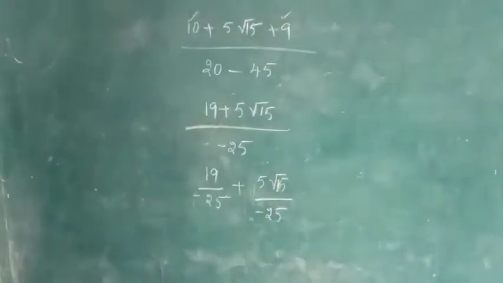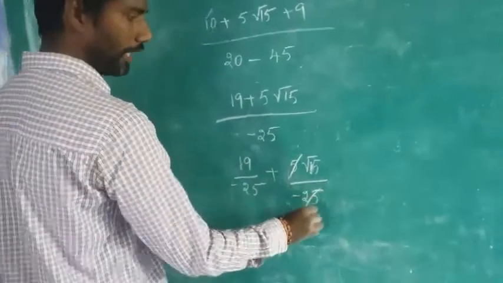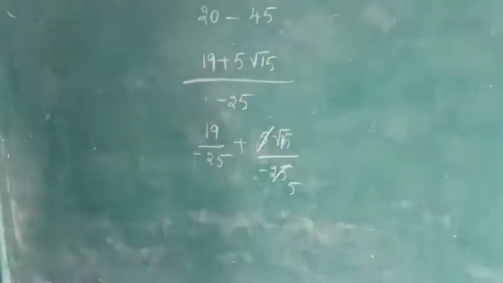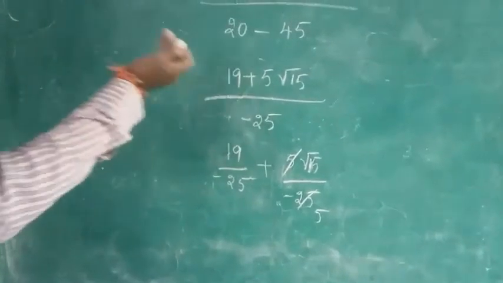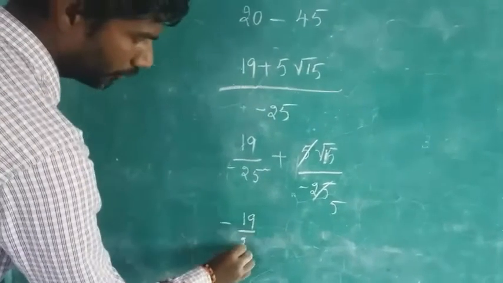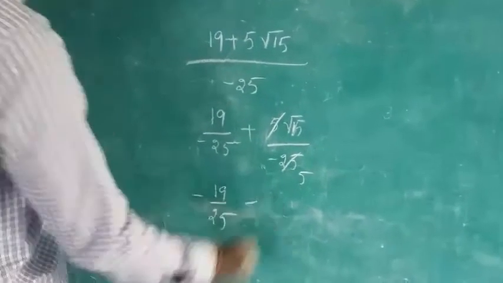See, if you have the chance of cancellation, you can do the cancellation also. 5 1s are 5, 5 5s are 25. I already told you, you learned it in your previous classes: if the denominator is negative, the whole number also is negative. So minus 19 by 25. This is also negative, so it would also be minus.